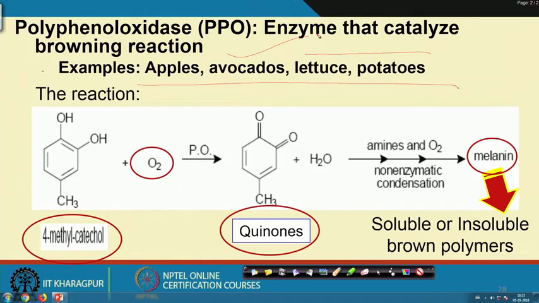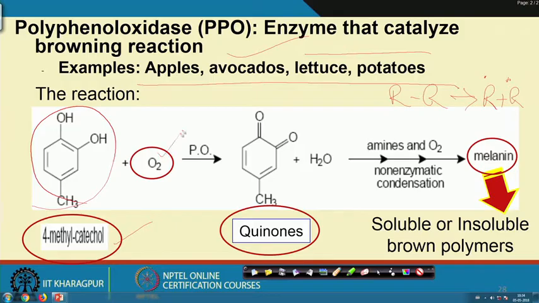If you have R-R, then there comes a free radical, R plus R. When this free radical is generated, it undergoes reaction and produces different end products. Here we are giving an example: the reaction associated is, say, 4-methyl catechol, which is one of the substrates.